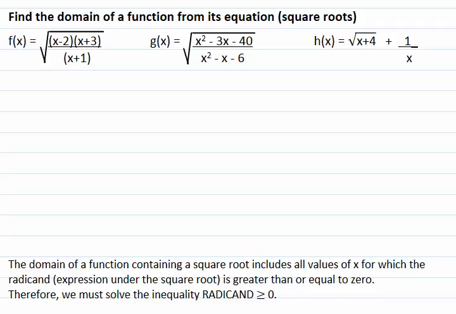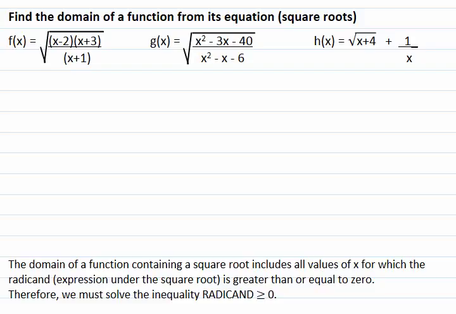We want to find the domain of a function from its equation, and the equation includes a radicand that is in rational form. The domain of a function containing a square root includes all values of x for which the radicand is greater than or equal to 0.